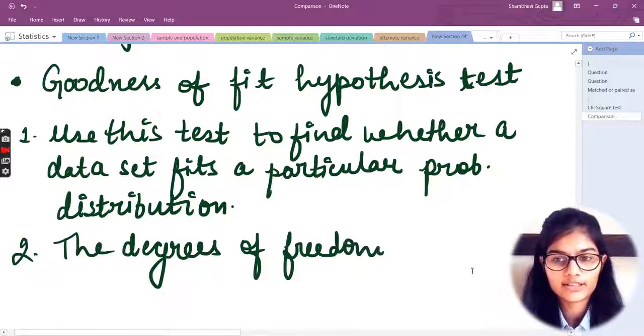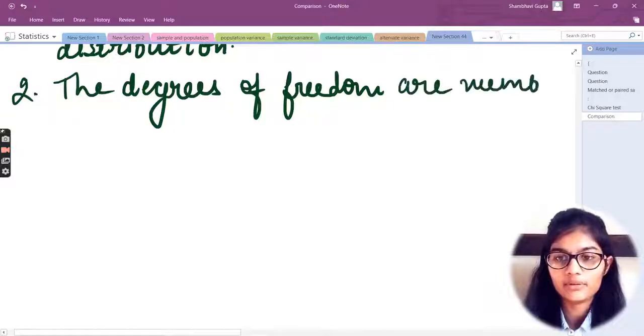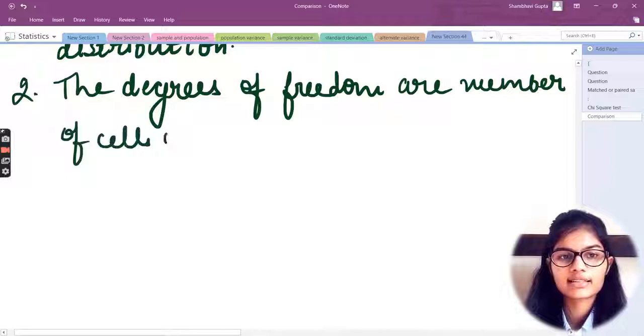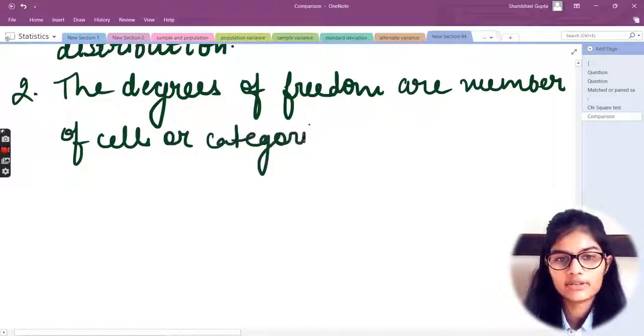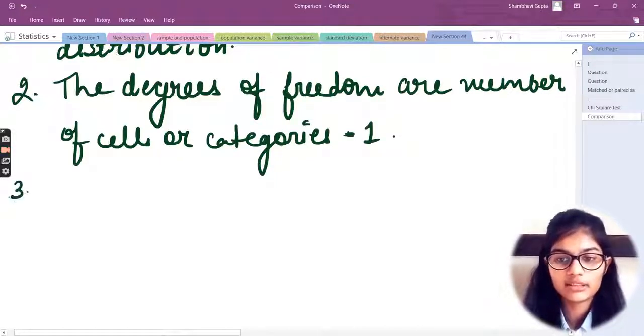The degrees of freedom are the number of cells or categories minus 1. Right? This is what the degrees of freedom are. So degrees of freedom are the number of cells or categories minus 1. Fine. Next we have the third point.